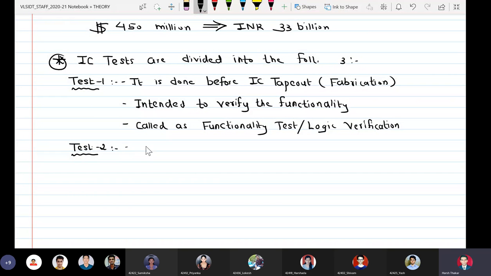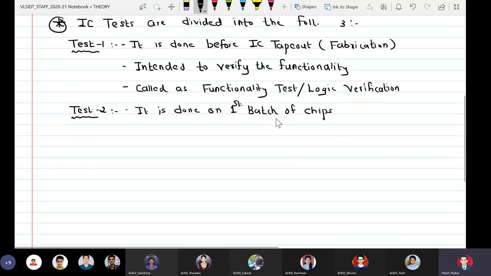Test number two is done on the first batch of chips after tape out, and the test is done at full speed.